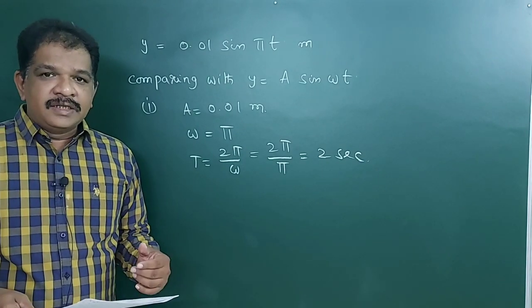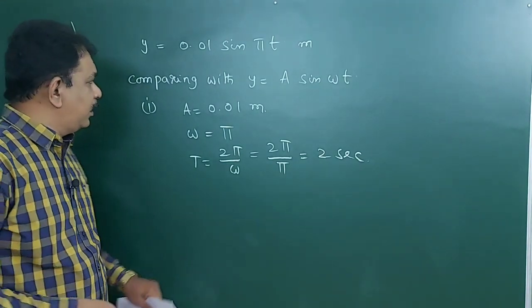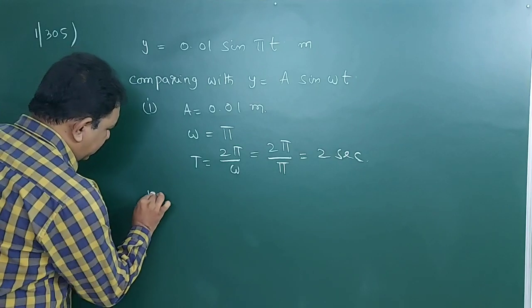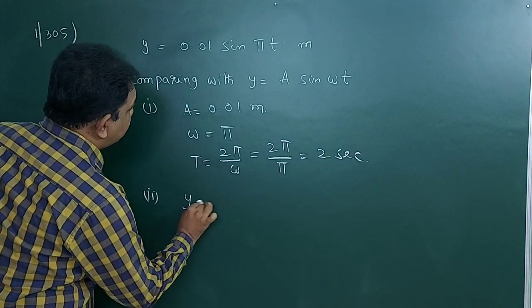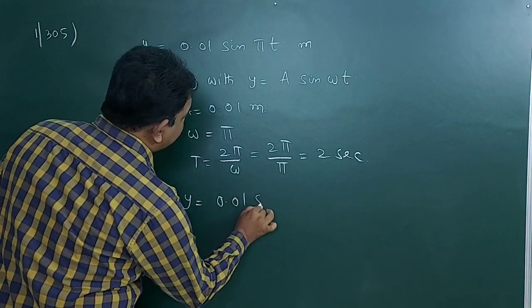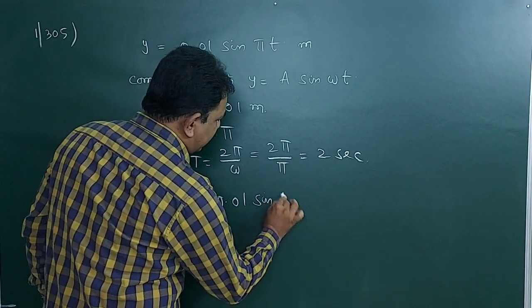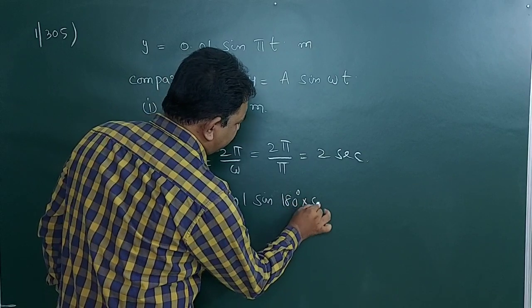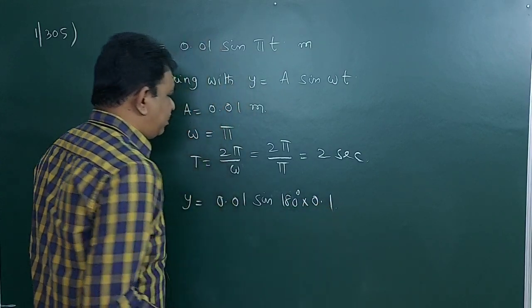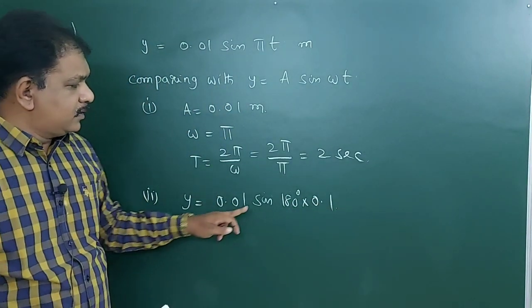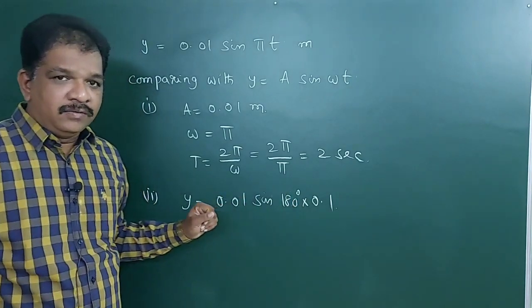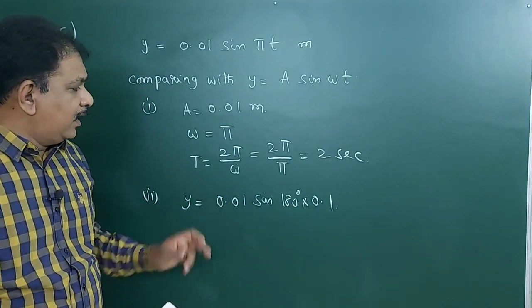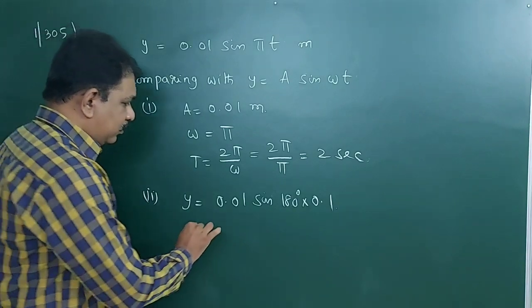Another one: what is the displacement at 0.1 second? So y = 0.01 sin πt. π means 180 degrees if you write. At t = 0.1 second, find the displacement. That is the question.